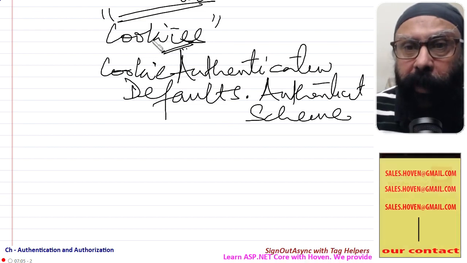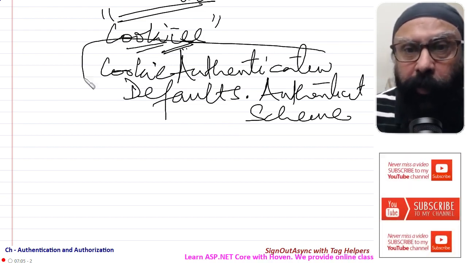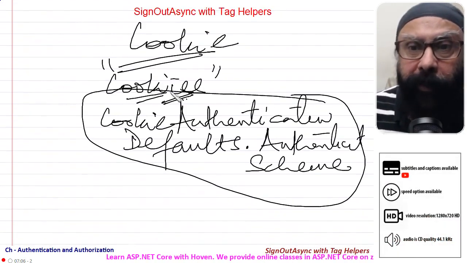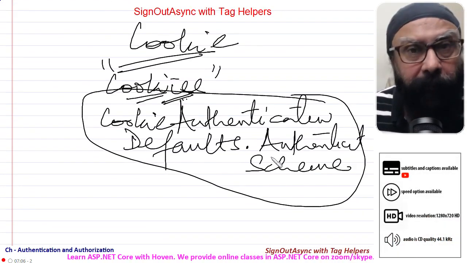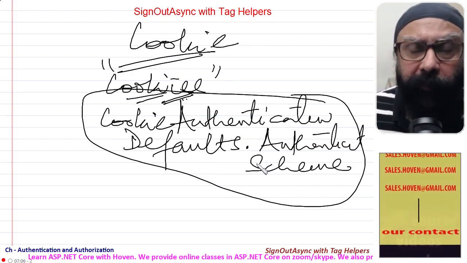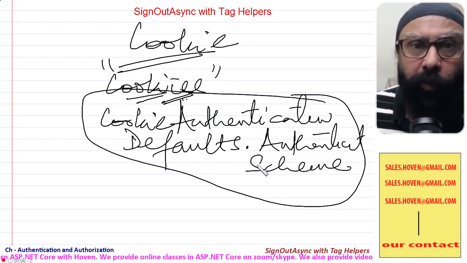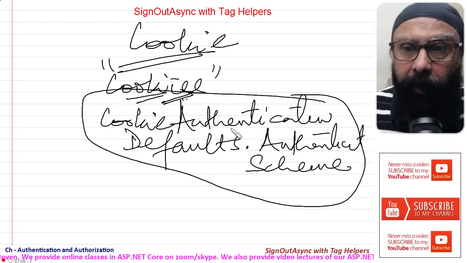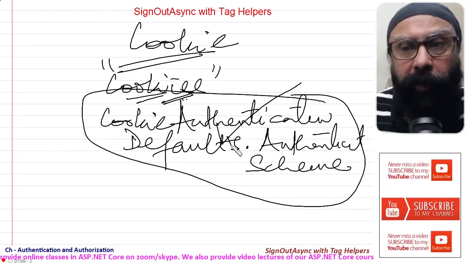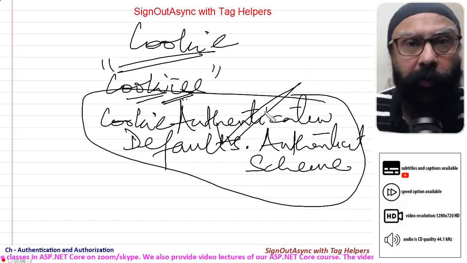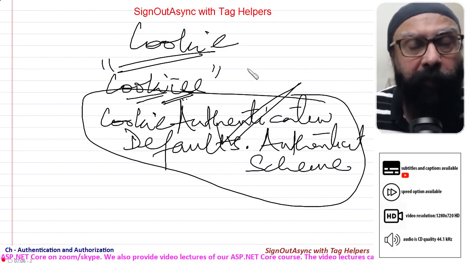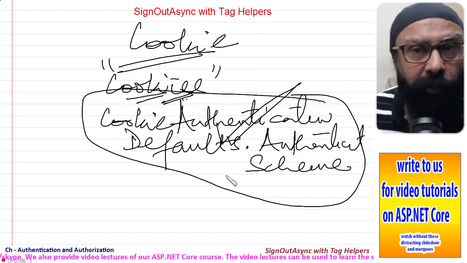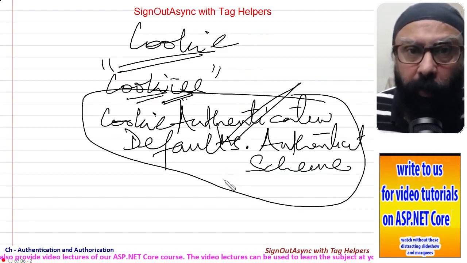So this is a string which is actually hard coded, which you have already seen in the previous tutorials, and it is this string that actually helps ASP.NET Core reach the cookie that contains the user login info. This string has been used throughout during the configuration, during the sign-in process also, and the same string is used during the sign out process also.